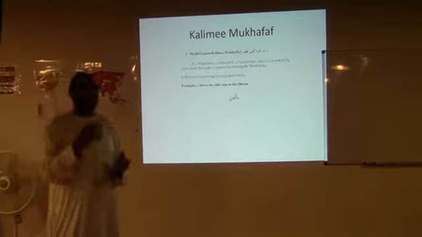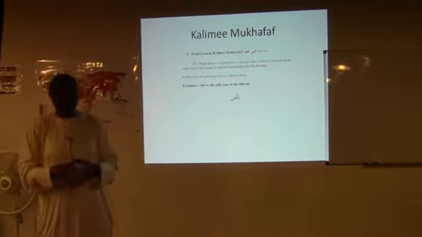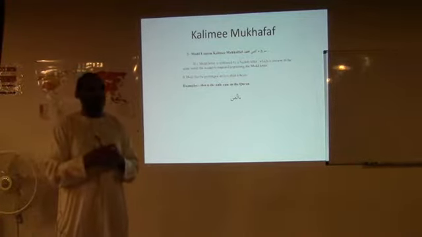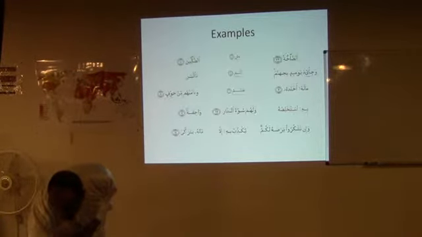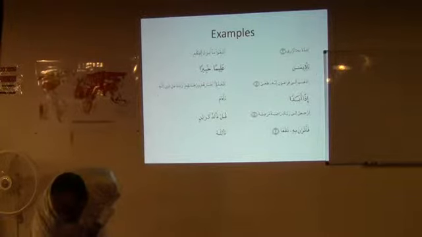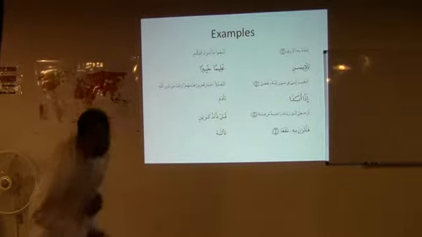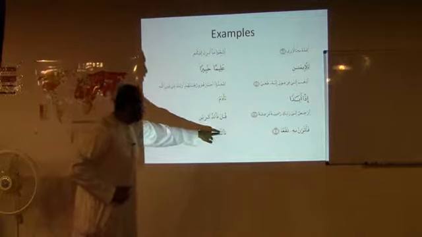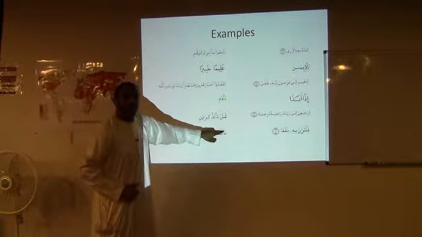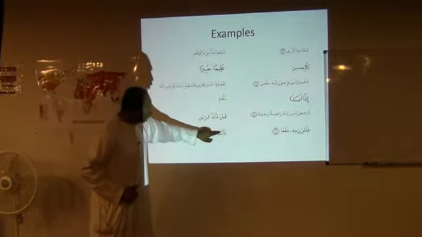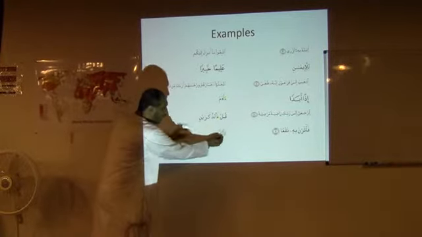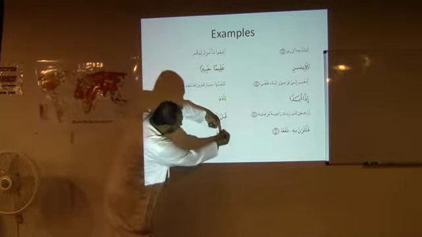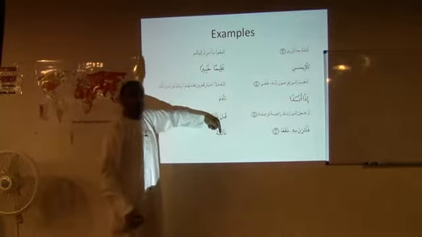Yes. For example, the word Allah. Actually, let me take you to a couple of examples. That's just one of them. Here, you see, this is harf mad, al alif, followed by a lam. When you say Allah, the first lam here actually has a sukoon on top of it.